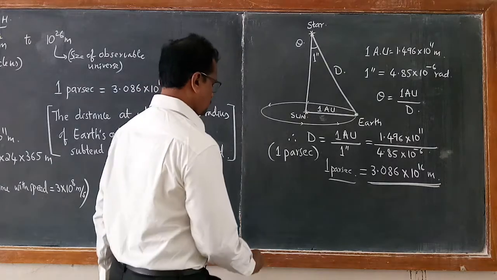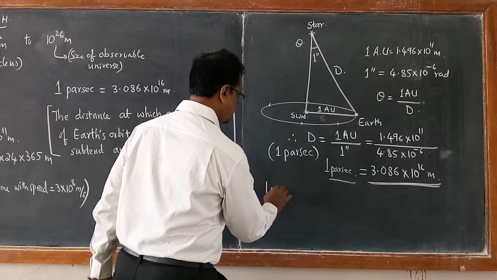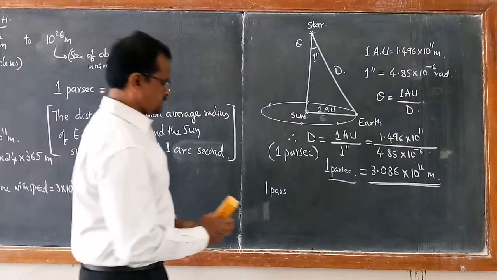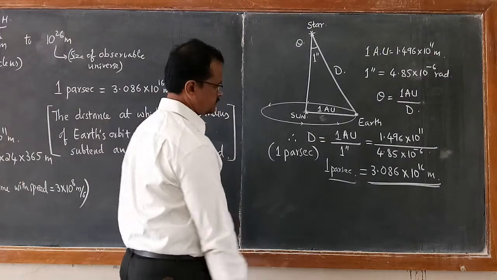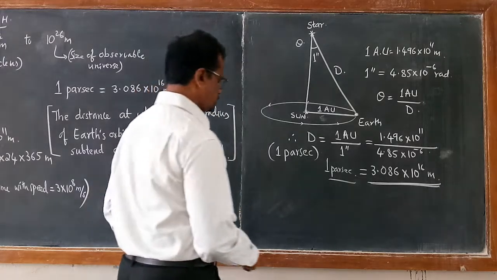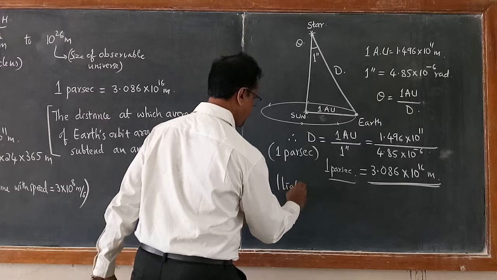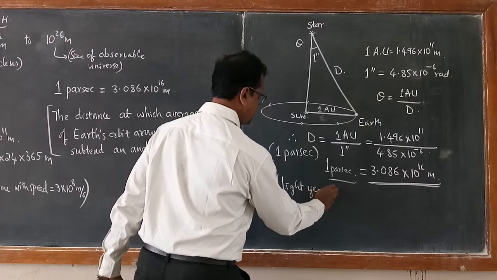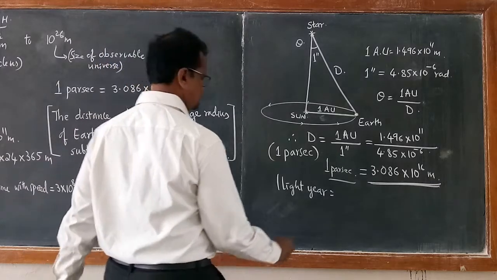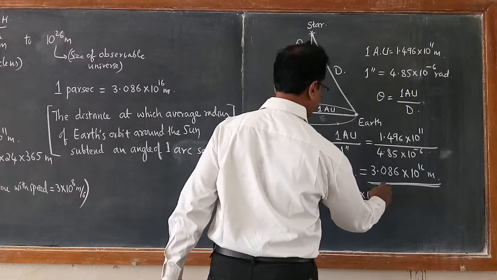Very simple. 1 parsec is equal to 3.086 into 10 raised to 16 meter. 1 light year corresponds to 9.46 into 10 raised to 15 meter.